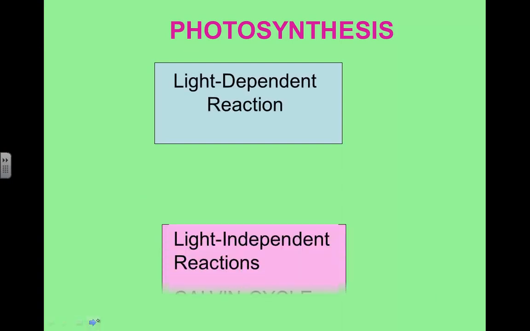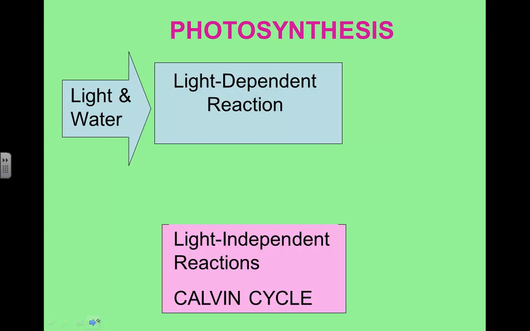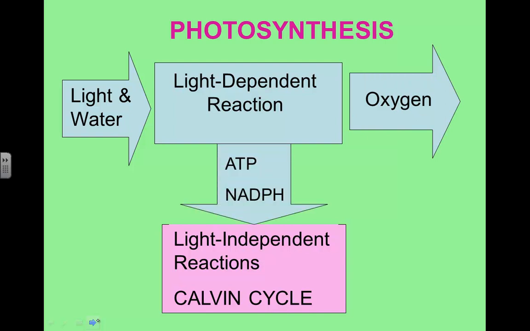So the light-dependent reaction we found out needed light and water for plants to thrive and look healthy. They give off oxygen during the daytime, and ATP, adenosine triphosphate, and NADPH are generated and are used in the Calvin cycle. Now the Calvin cycle usually takes place at night, so in the past it has been called the dark reaction.